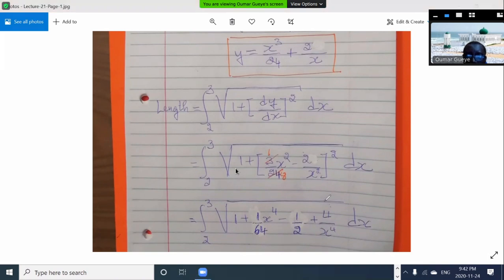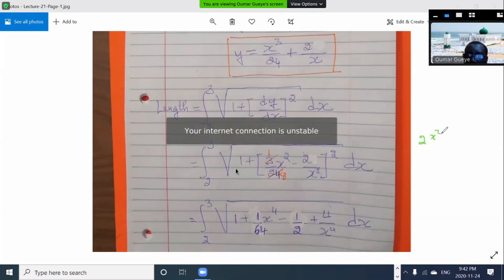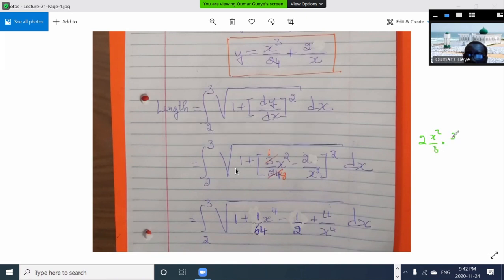When you multiply these two, it's going to be 1 by 2, because you want to calculate 2 times x squared over 8 times 2 over x squared.